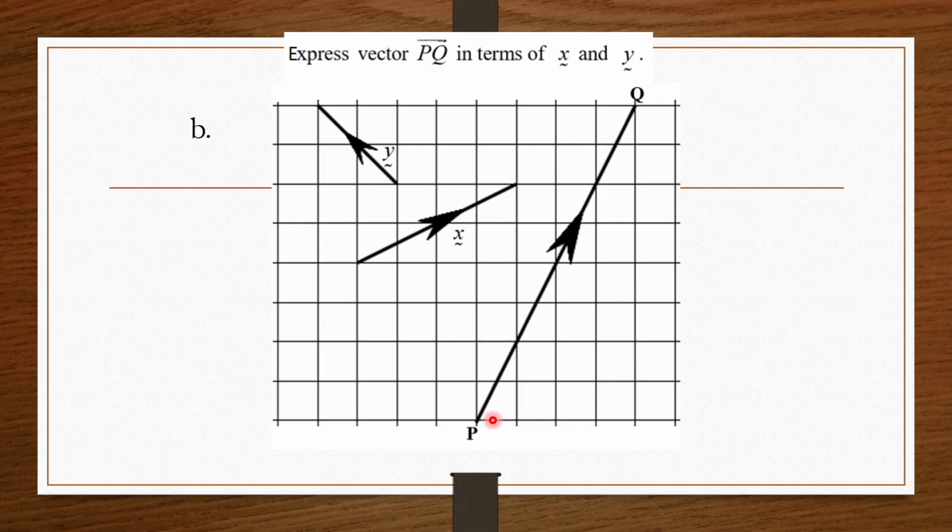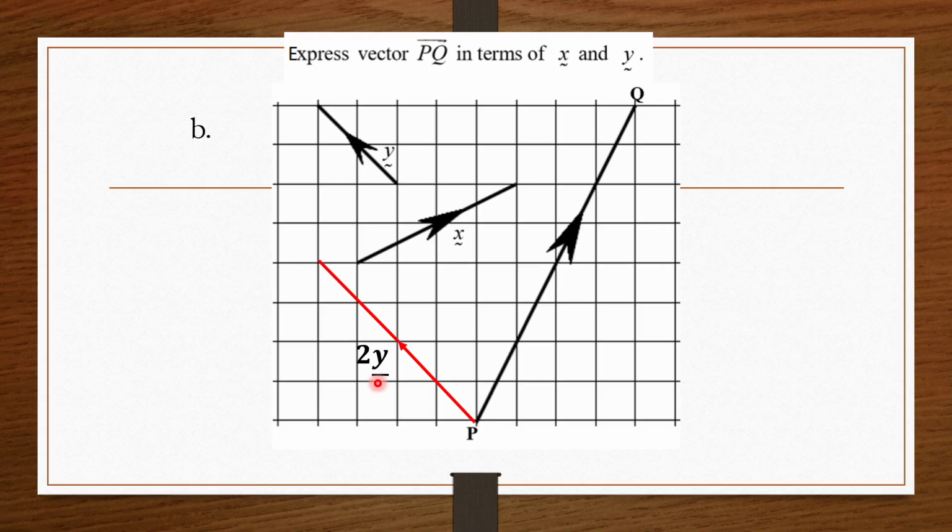Okay, express vector PQ in terms of x and y. Again, you are given x, vector y, and vector PQ. So in order to get vector PQ, we need 1y, 2y, in the same direction. If the arrow is going in the opposite direction, then you need to use a negative sign.